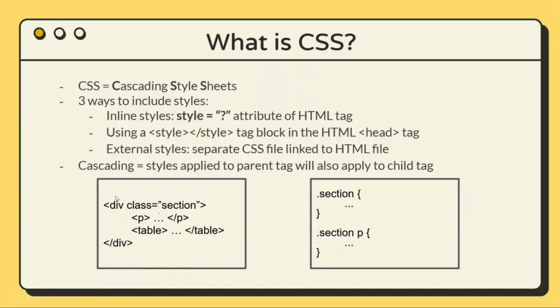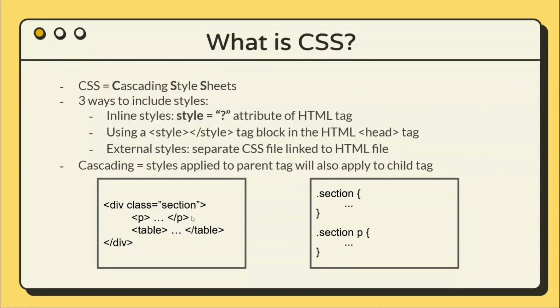There are different semantic tags that describe different sections of content. Within this div with the class called section, you've got two elements here, a paragraph and also a table.